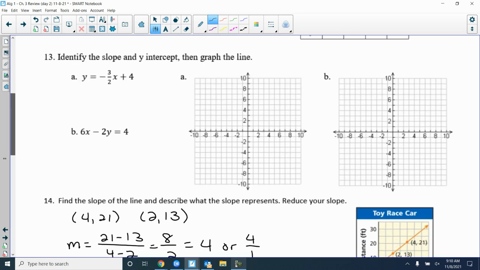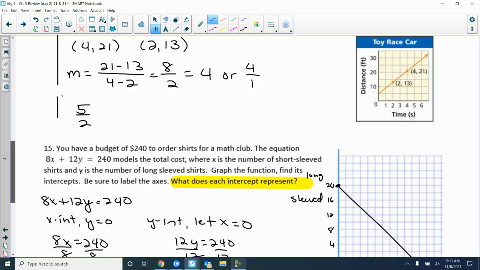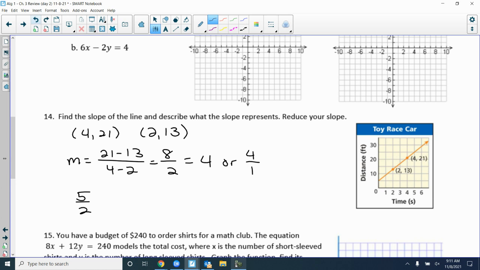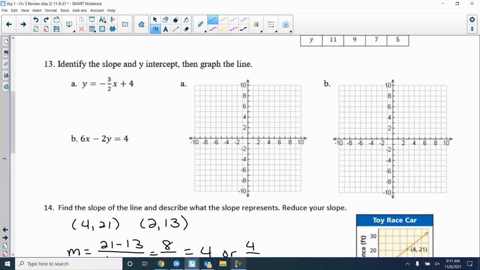For this A1, identify the slope and y-intercept, then graph the line. That's actually already in nice form. Okay, Jeff, what's my slope for this A? Slope is always the number with the x. That's negative 3 halves.